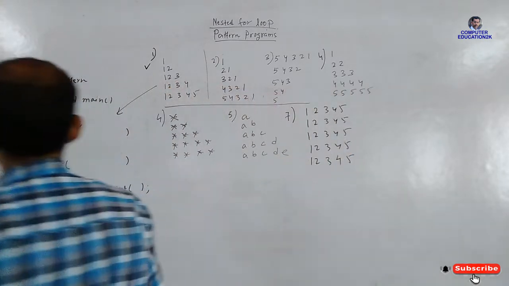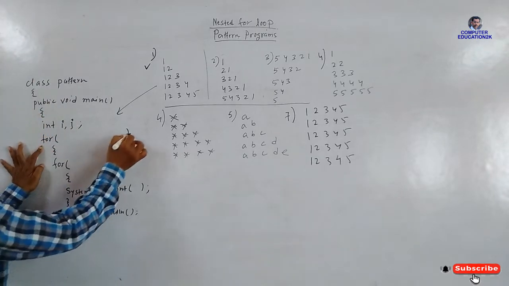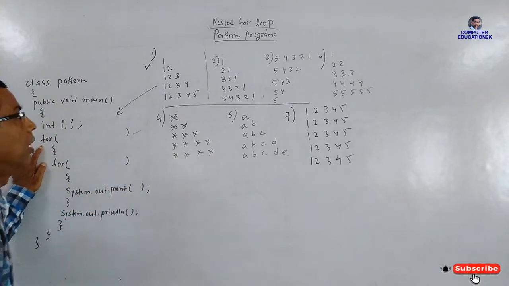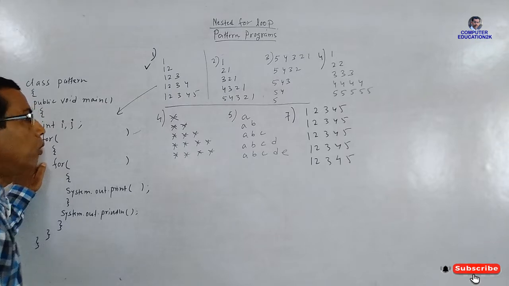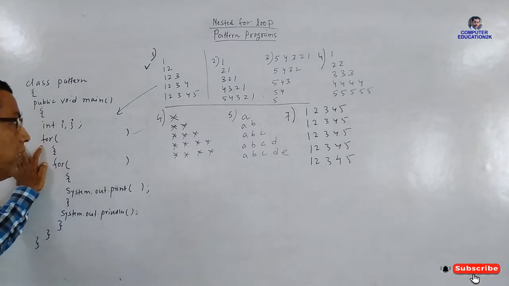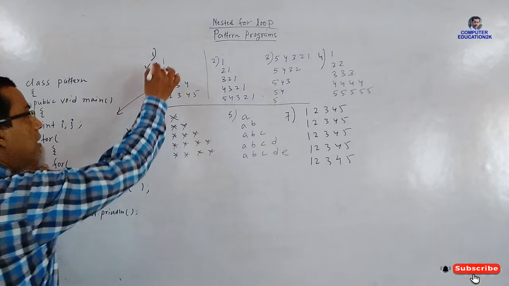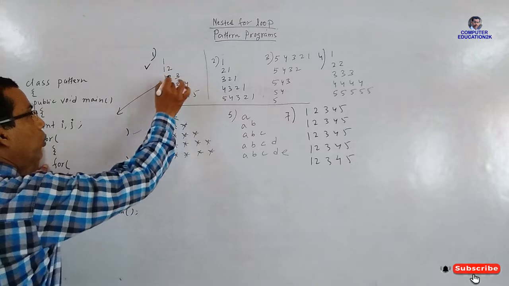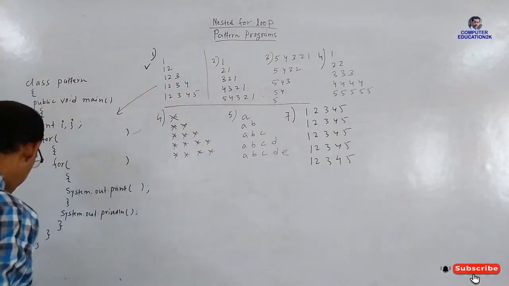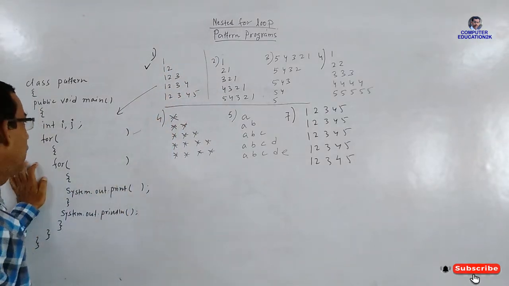The outer for loop gives the number of rows, the number of lines. How many rows are there? 1, 2, 3, 4, 5. There are 5 lines.